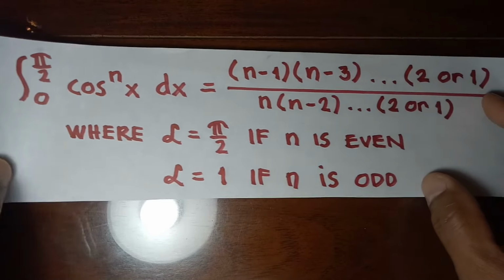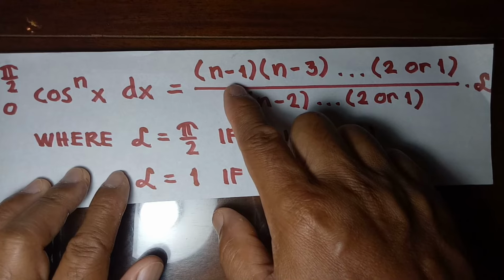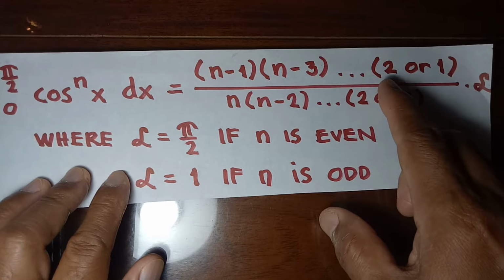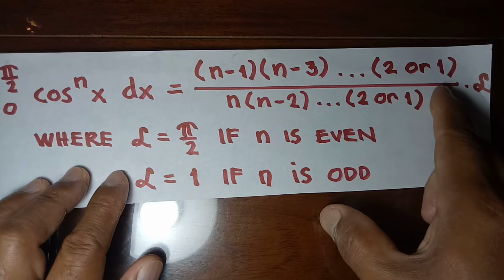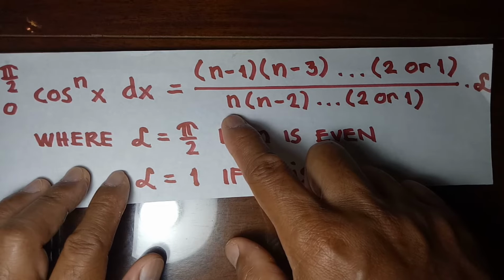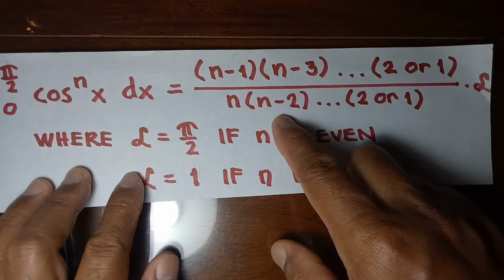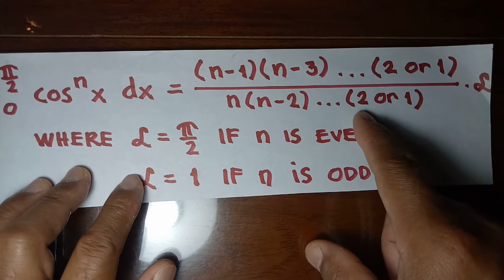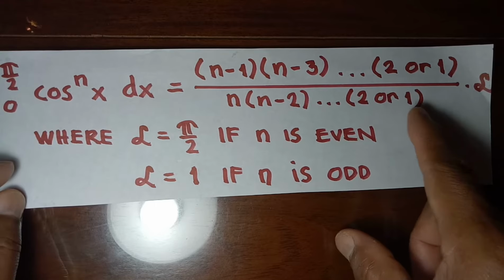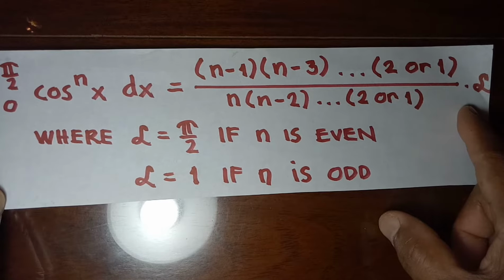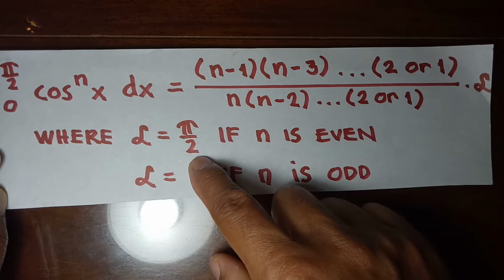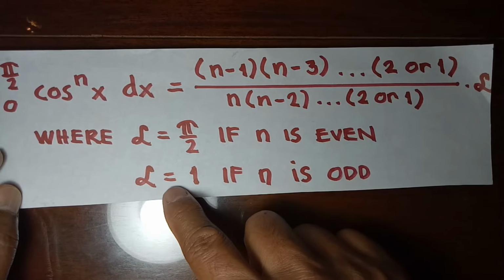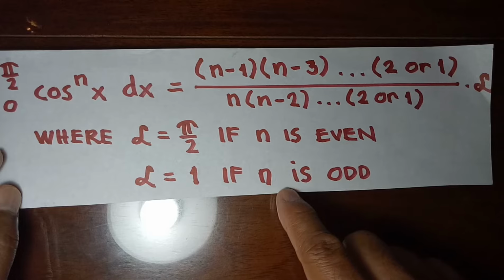At equal ito sa n minus 1 times n minus 3 hanggang sa difference na 2 or 1 divided by n times n minus 2 times n minus 4 hanggang sa difference na 2 or 1 times alpha. So dito, alpha is pi over 2 if n is even. Alpha is 1 if n is odd.